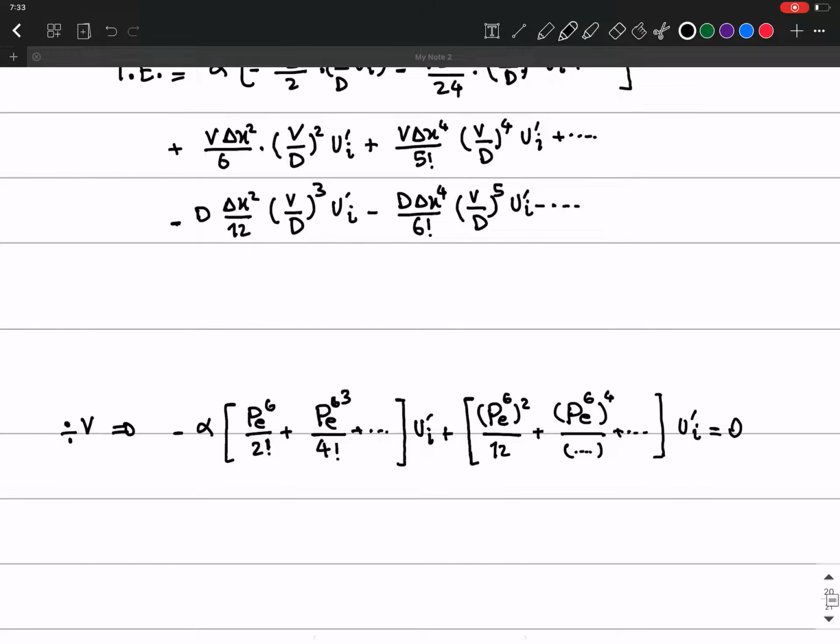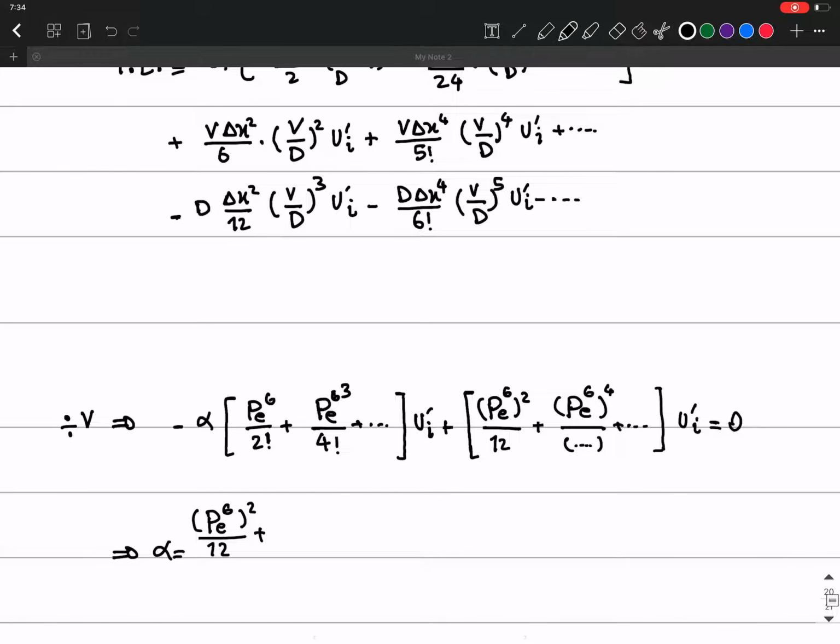So if I do that, then what I'm going to get is alpha is going to be Péclet grid to the power 2 over 12, plus Péclet grid to the power 4 over that thing in the denominator, and the other terms.